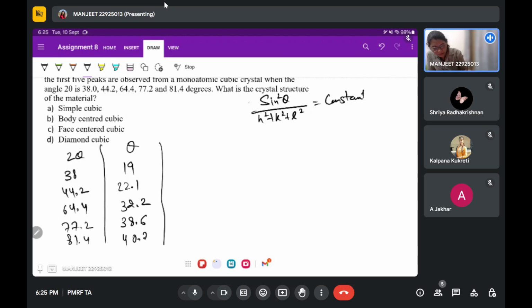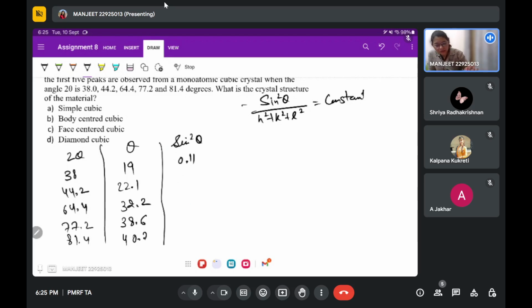Now first I have to calculate sin²θ. What will be the corresponding sin²θ for these? You have to remember these values. Because you know the θ value, you operate the sine of that θ value and take the square of it.